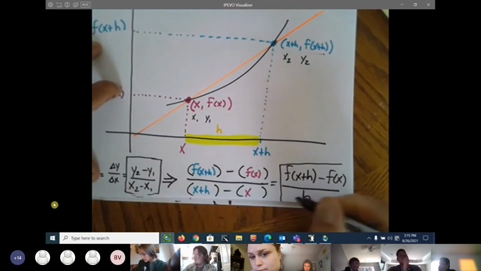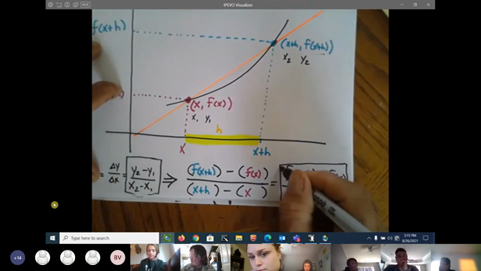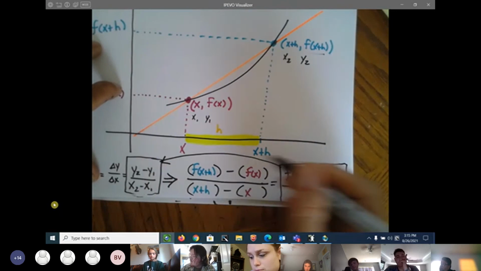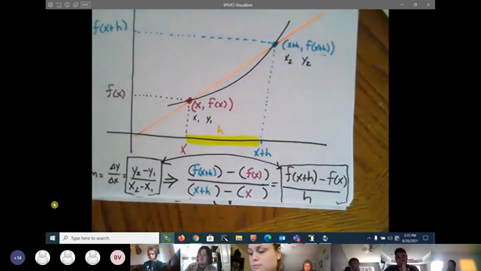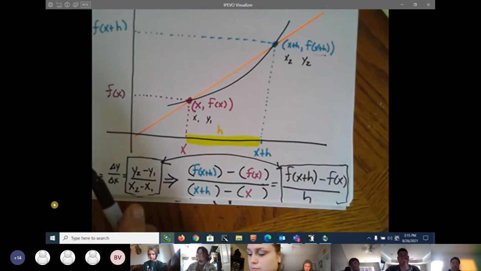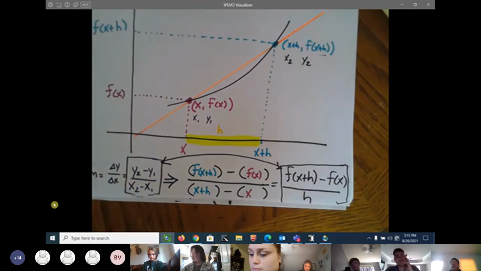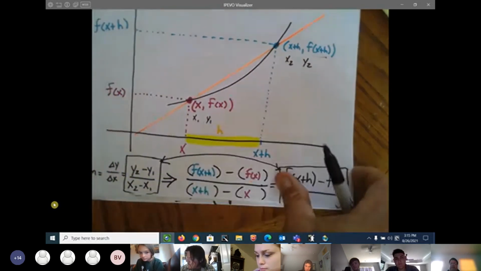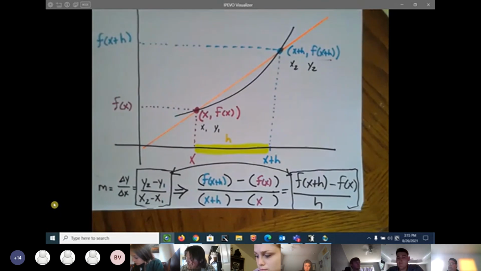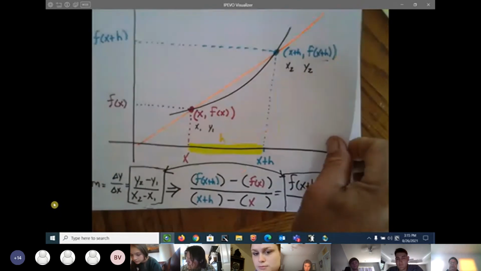Somebody tell me what we just found. The slope. We just found the slope. We just rewrote the slope. So I'm going to go to the next page, and we're going to rewrite this.